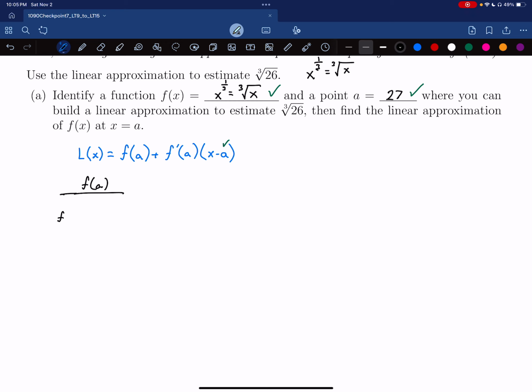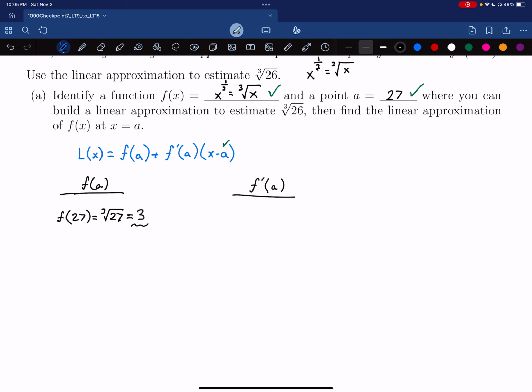F of 27 is equal to the cube root of 27, because that's our function, and this just evaluates to 3. Now let's look at f prime of a. This will take a little bit more work. That's okay. We've done all the things in this class so far to do this pretty easily.